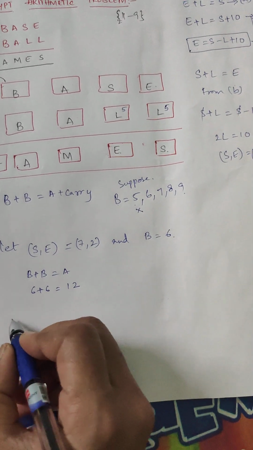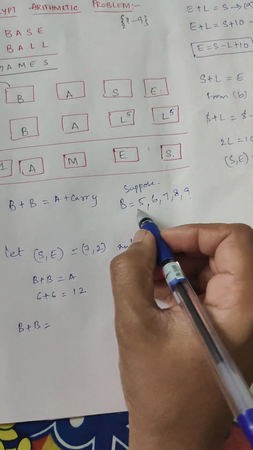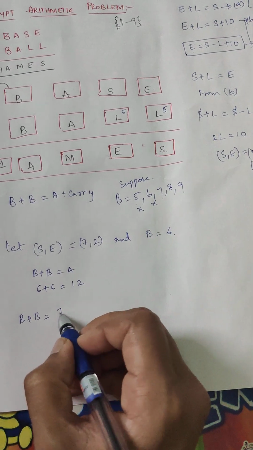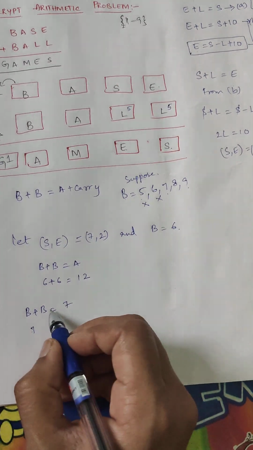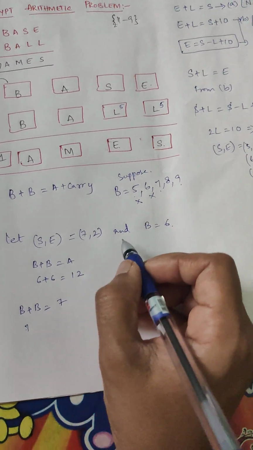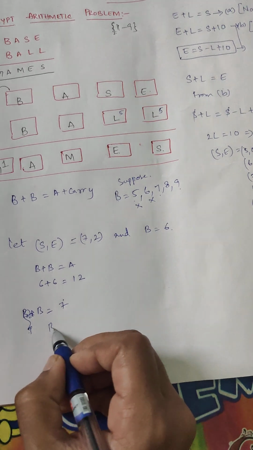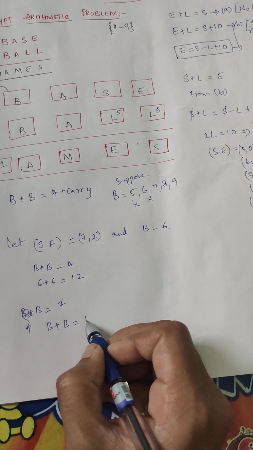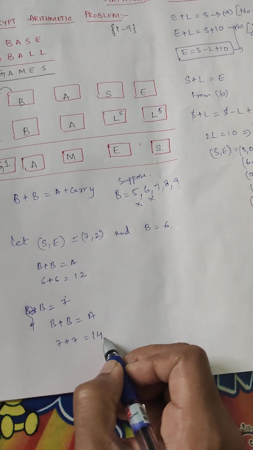Now what we can suppose is the other supposition for B, which could be 7. First we considered 6, now we are considering B value to be 7. So B plus B is equal to A. 7 plus 7 is equal to 14.